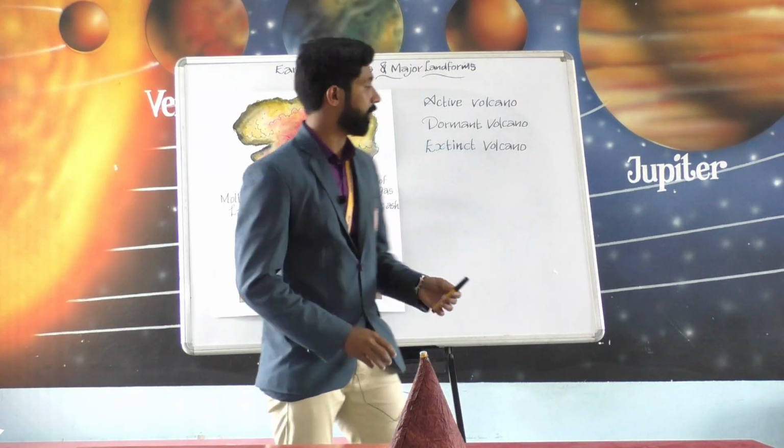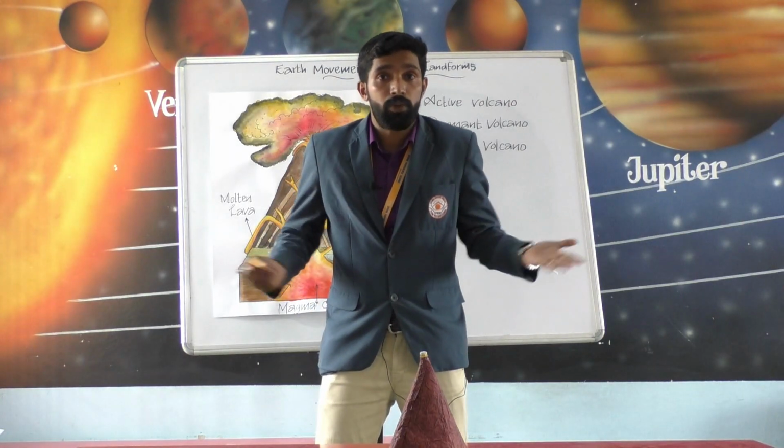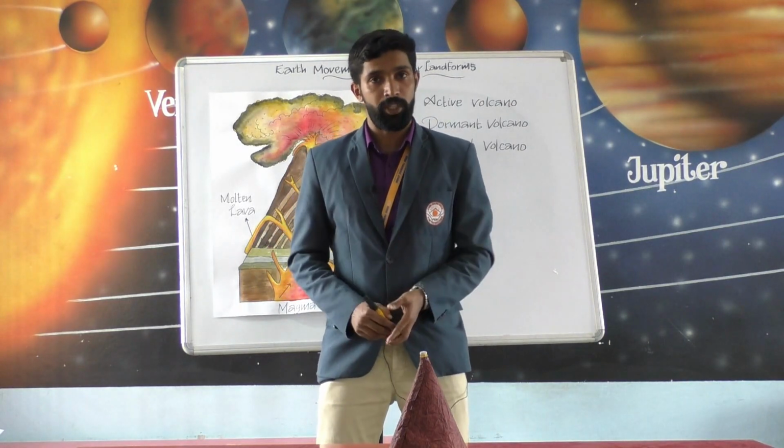And the last one is extinct volcano. What is an extinct volcano? It is one that has no record of eruption and no possibility of eruption in future. For example, Mount Kilimanjaro and Mount Kenya in Africa are examples of extinct volcanoes.